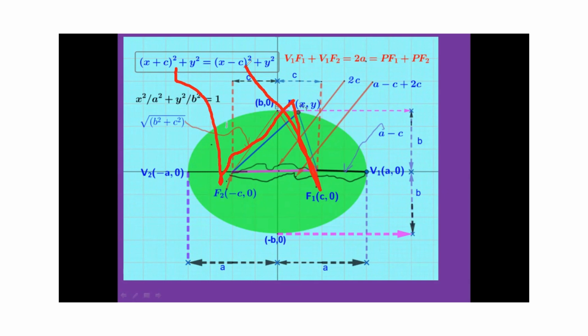When you simplify, this gives x squared over a squared plus y squared over b squared, which equals 1. This is the equation of an ellipse when the major axis lies on the x-axis and the minor axis on the y-axis.